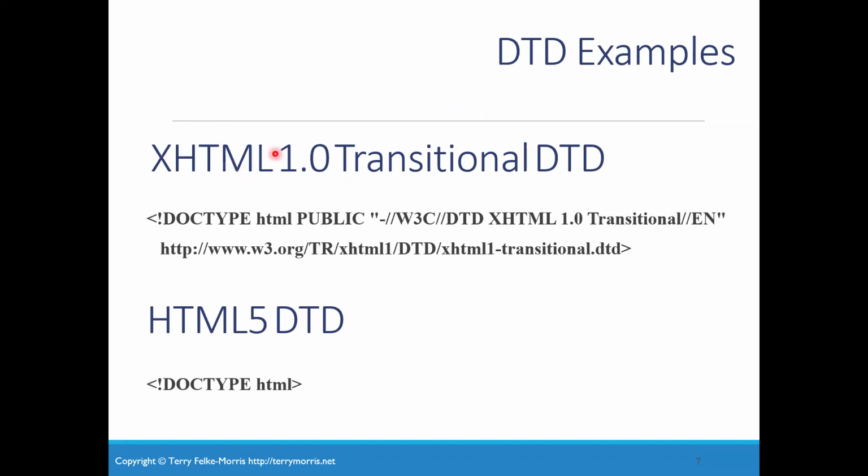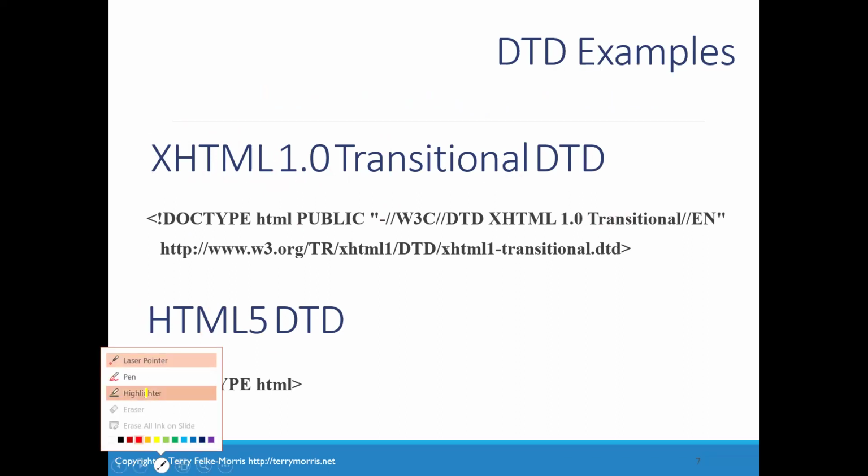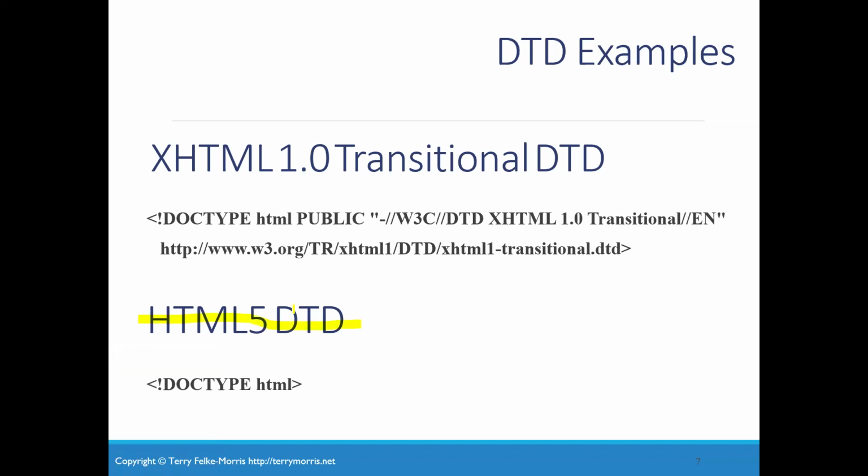If you are writing your code in XHTML, we are not using XHTML in our course. Our focus is going to be on HTML5. So the doctype definition for HTML5 is this here.